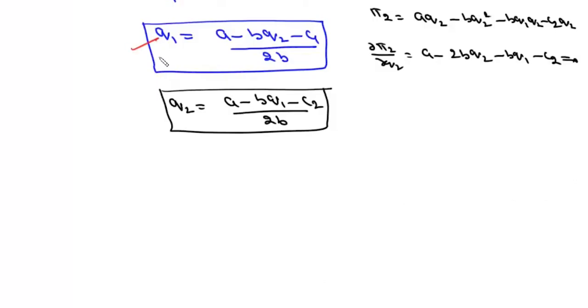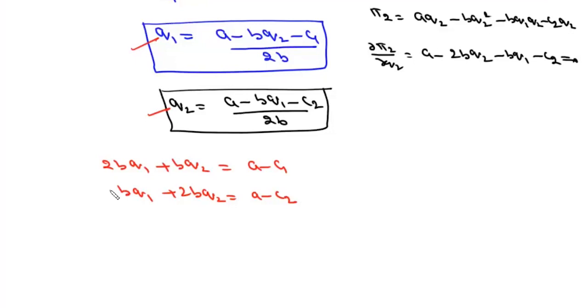Now solving these two equations, we'll get the Nash equilibrium. We can write 2BQ1 plus BQ2 equal to A minus C1, and the same way BQ1 plus 2BQ2 equal to A minus C2.